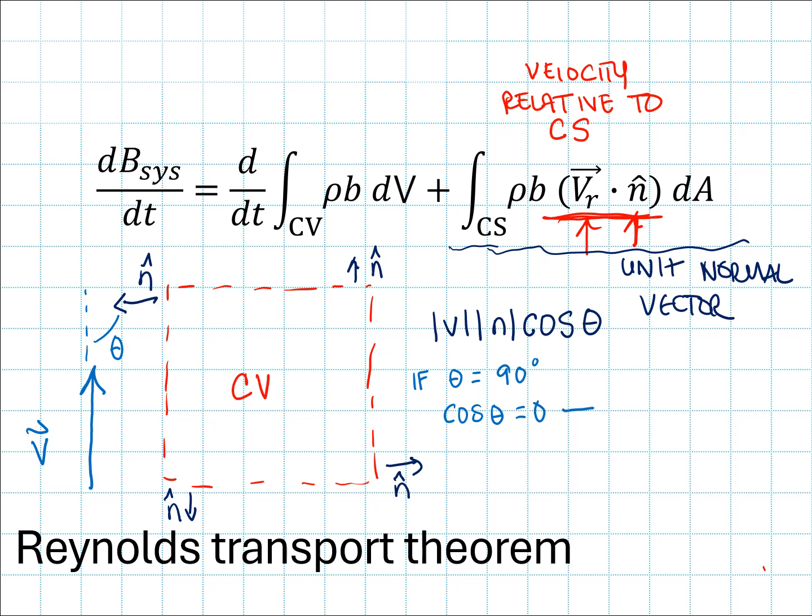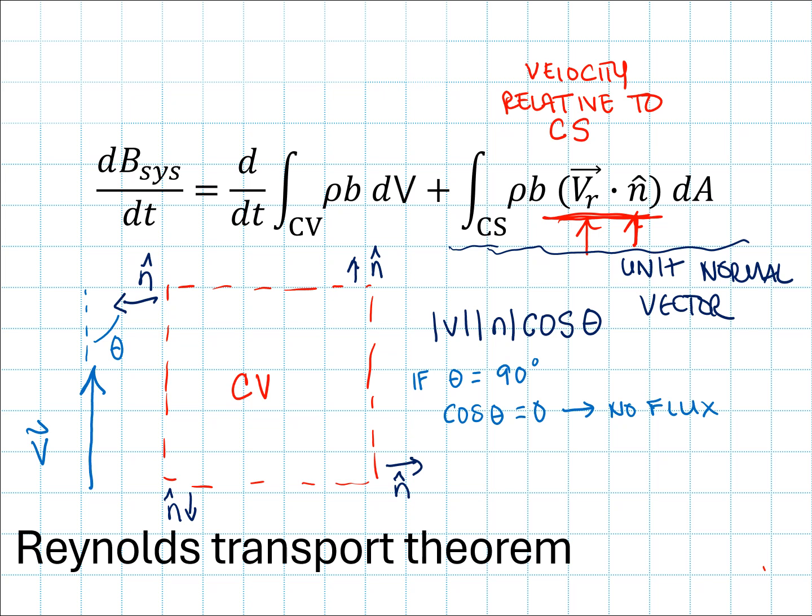And so what that's going to tell me is that there is no flux across this boundary of my control volume right here because of this velocity vector. So all of the mass is going to be moving tangentially to this boundary, and none of it will cross across that boundary and enter from outside to inside of the control volume.